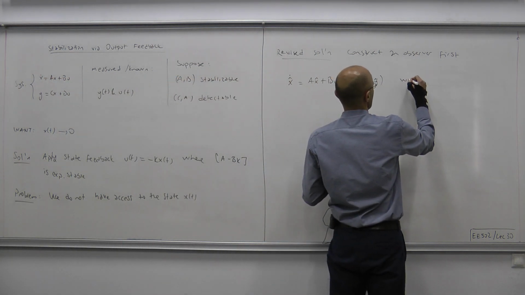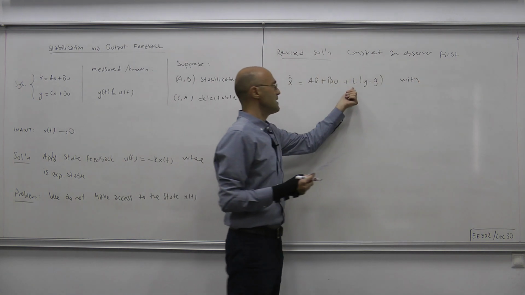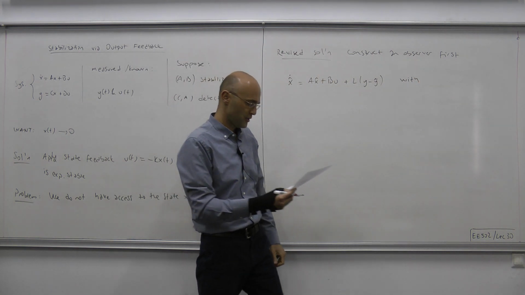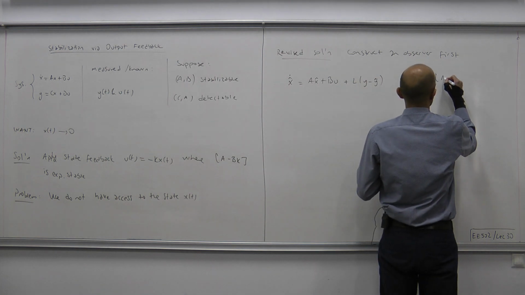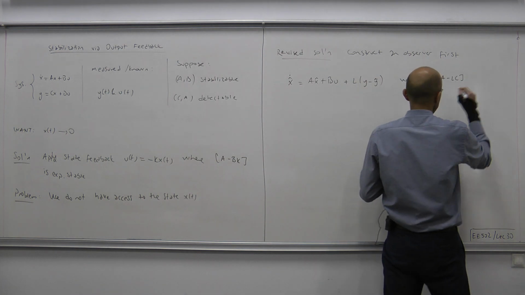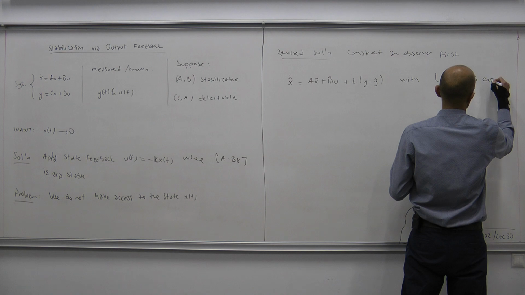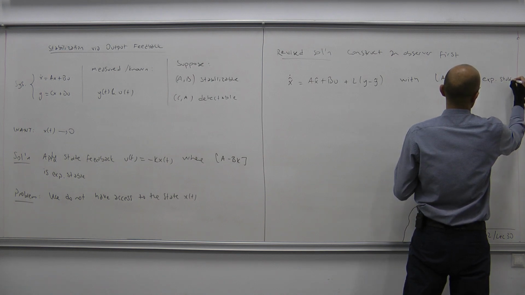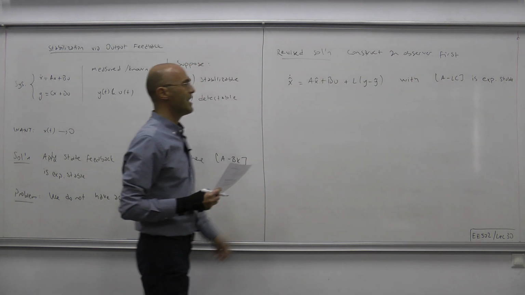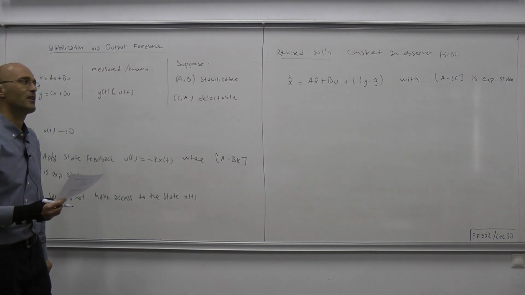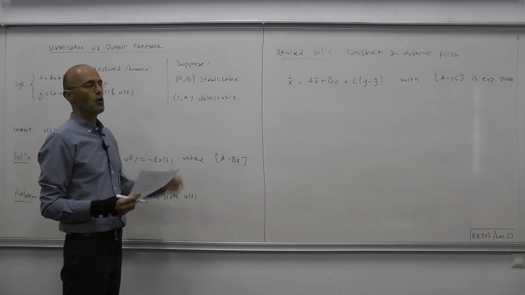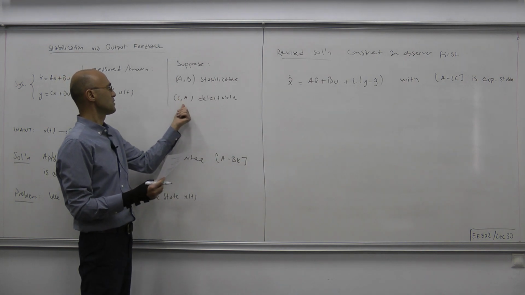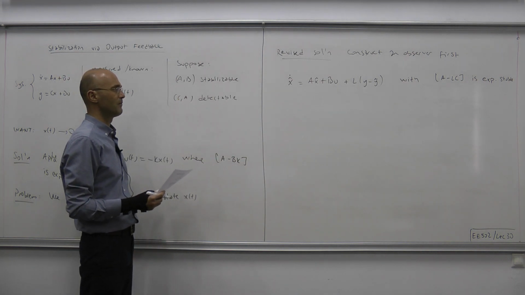We choose the observer gain L such that the matrix A minus LC is exponentially stable, and we know that we can choose such an L. We showed this using the Lyapunov test for detectability, because the system is detectable.